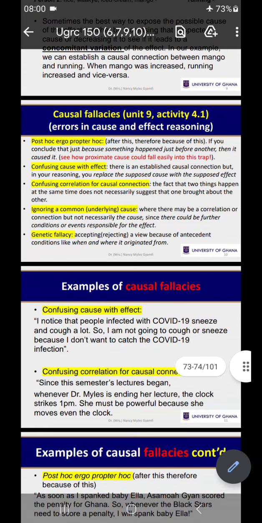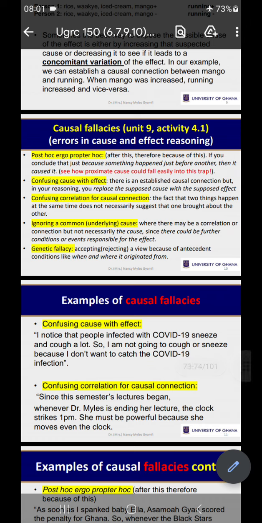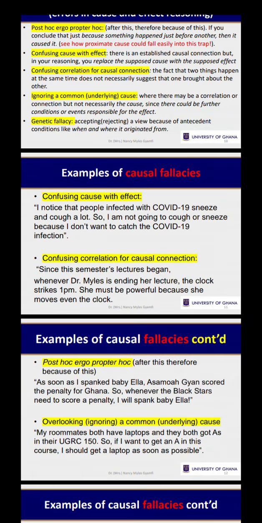Yes, it could be a reason, but that does not necessarily mean that any time you fall down it is because of the wind. So you can't attribute it to the wind causing it.